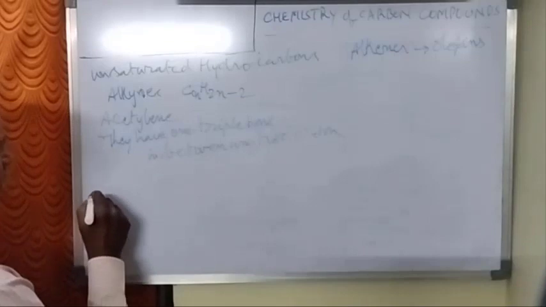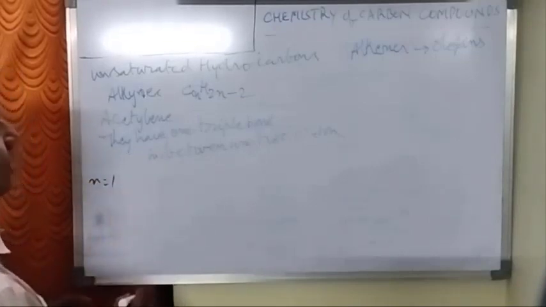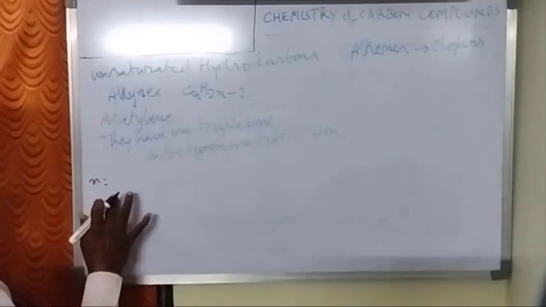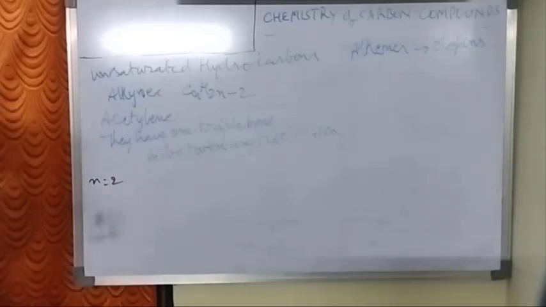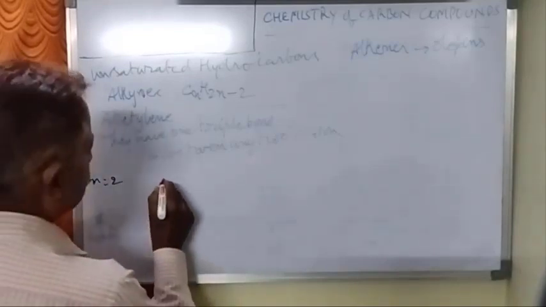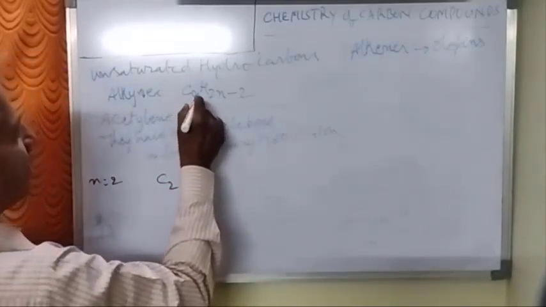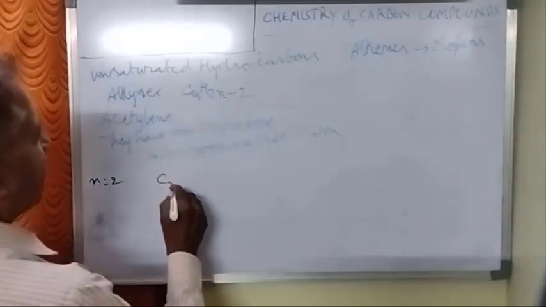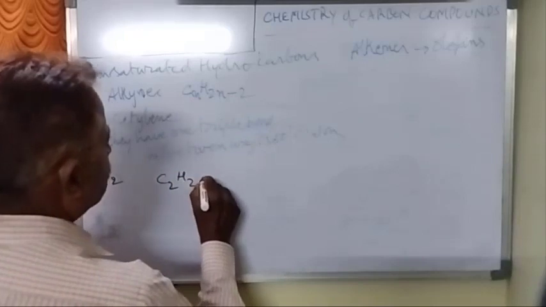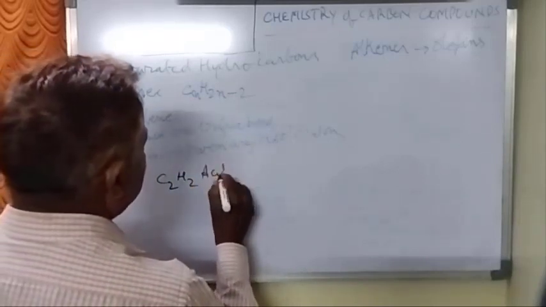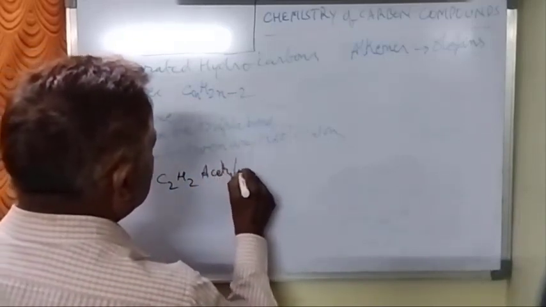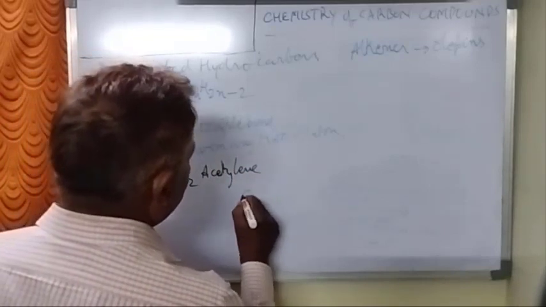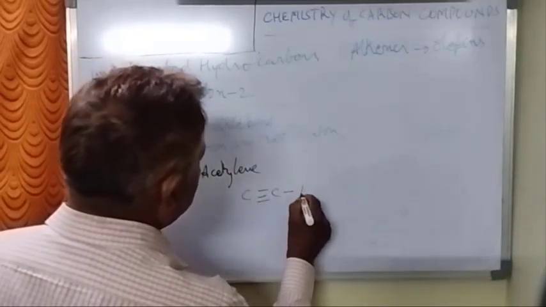Right. Now let us see n equal to 2. The first member must have 2 carbons. This is C2. In place of n you put 2, and 2 times 2 is 4 minus 2. So C2H2. This substance is acetylene. And the structure is CH triple bond CH.